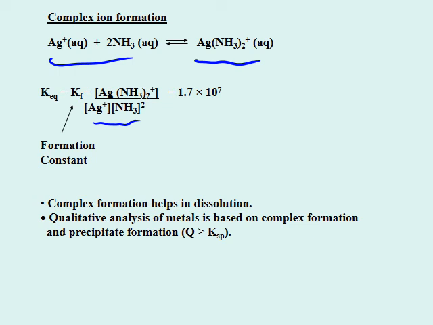So remember that for the equilibrium constant of an acidic reaction we write Ka. For a basic reaction we write Kb. For complex formation like this we write Kf. So complex formation helps in dissolving a substance and in separating and analyzing different compounds.